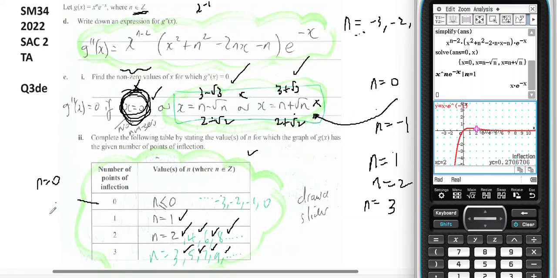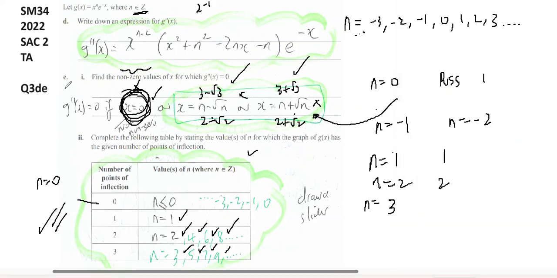Okay, so that's how sliders can help do part E, part 2.